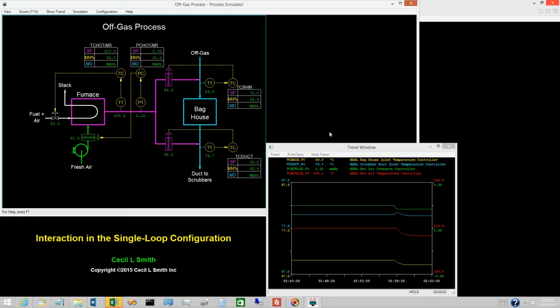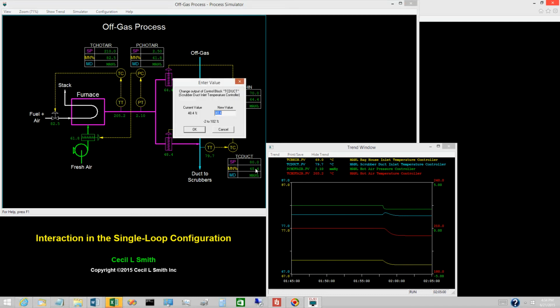Redirecting hot air from baghouse inlet to scrubber duct inlet has at most a nominal effect on the scrubber duct inlet temperature. Place the simulator on run. Then restore the output of the scrubber duct inlet temperature controller to its original value.